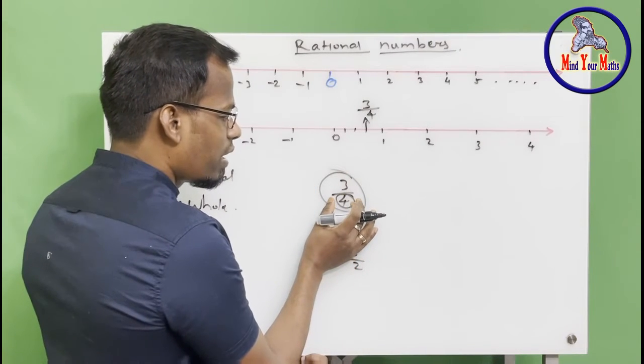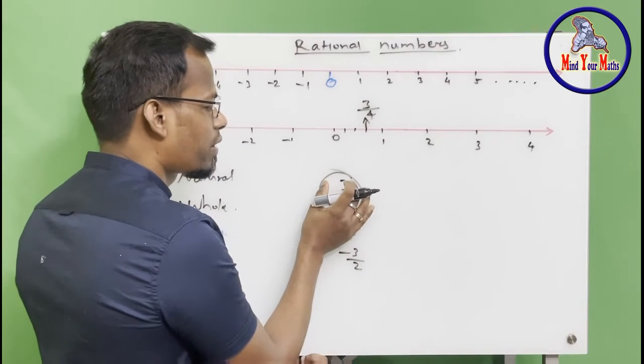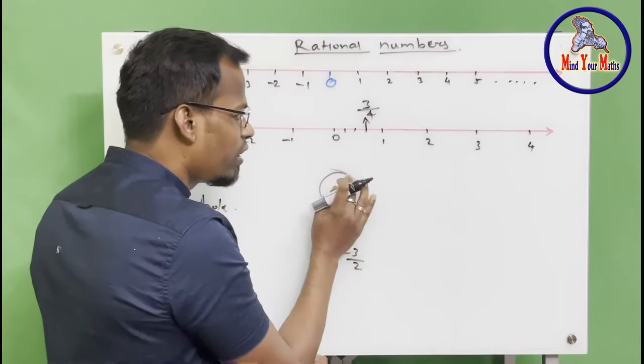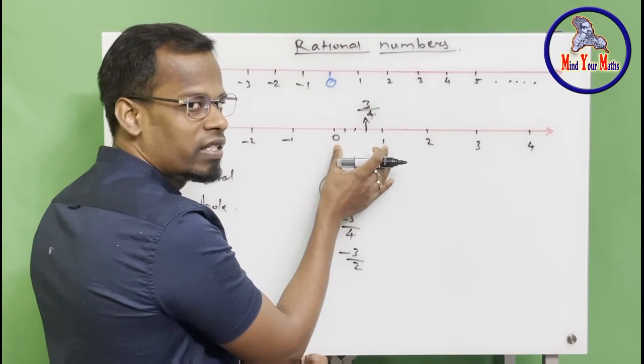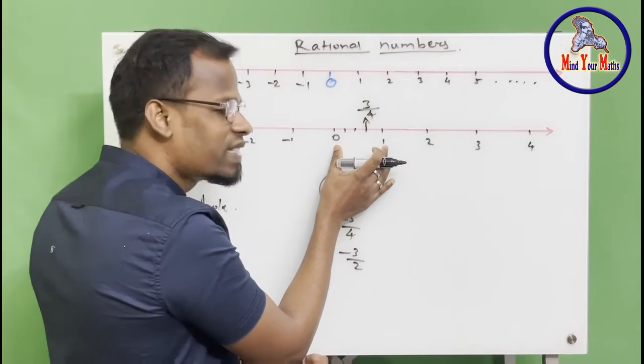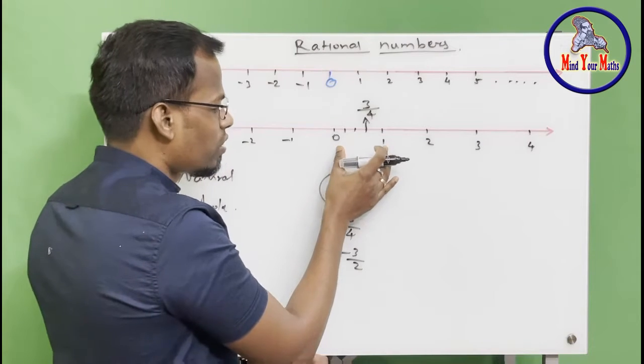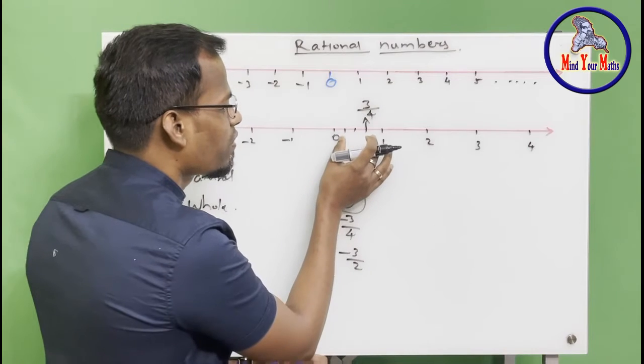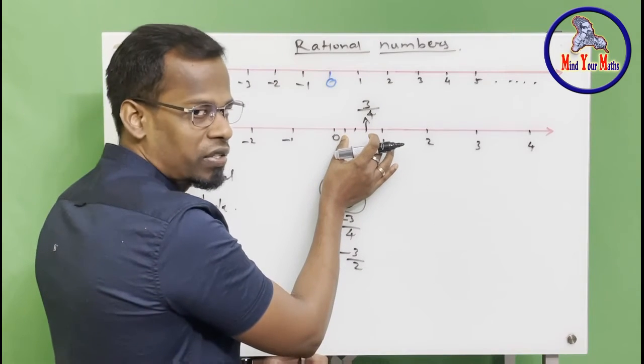Whenever you have a denominator which is greater than the numerator, it means this value is within 1, between 0 and 1. It is less than 1, that's all. The denominator is the number of pieces that this apple is cut into.